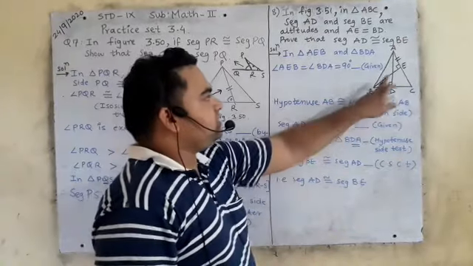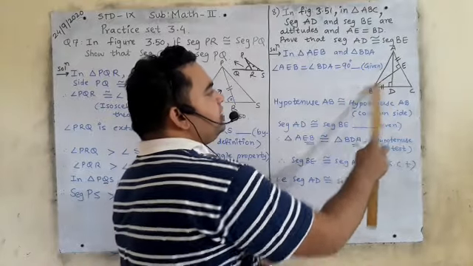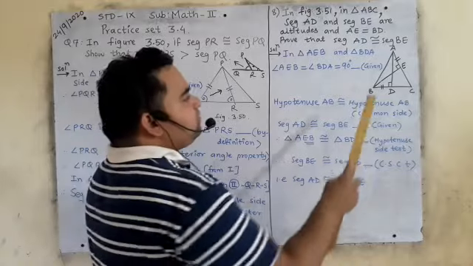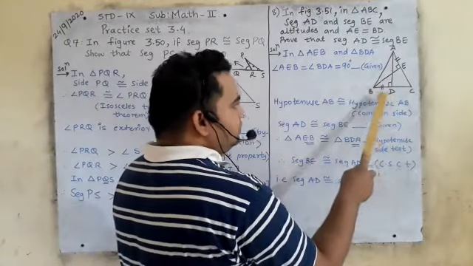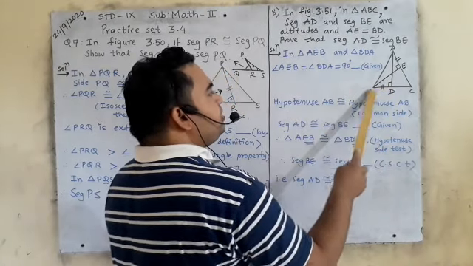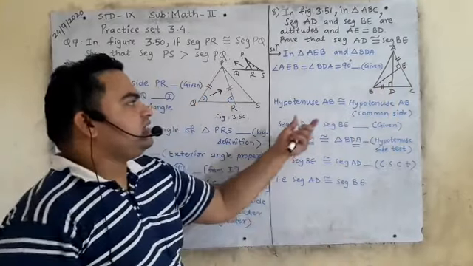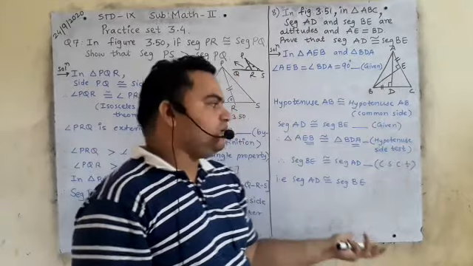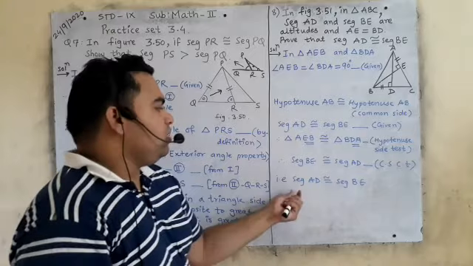In triangle ABC, AD is perpendicular and BE is also perpendicular or altitude. So in triangle BDA, AD is altitude and angle BDA is 90 degrees. So AEB is also 90 degrees. So by the hypotenuse side test the triangles are congruent to each other, and their corresponding sides are also congruent to each other.